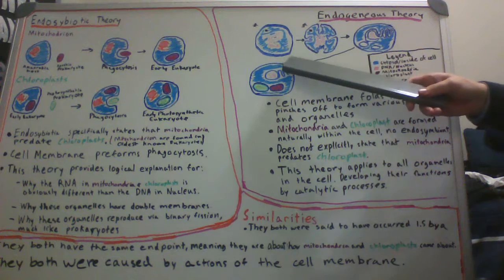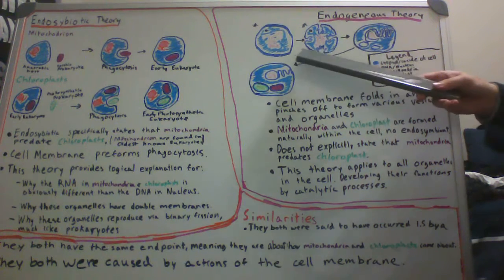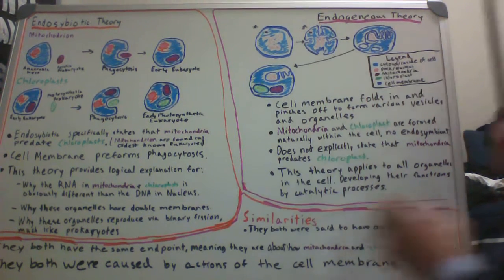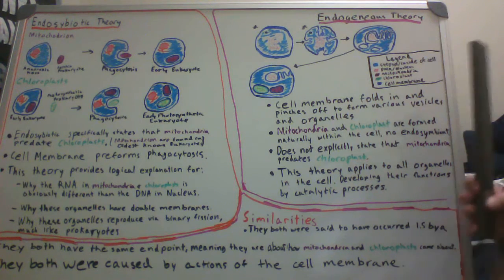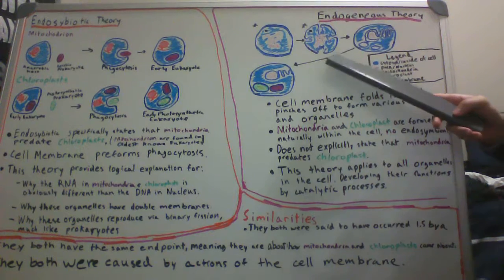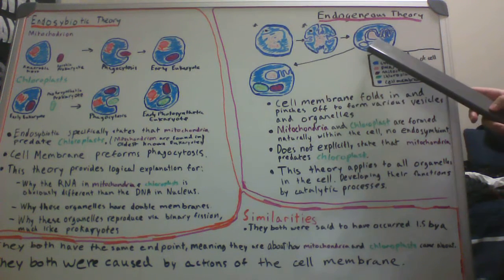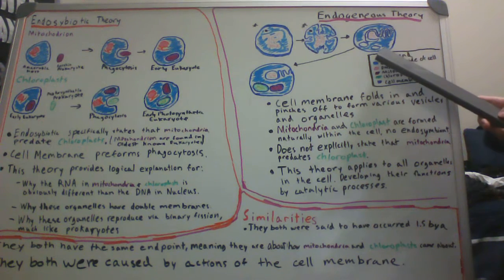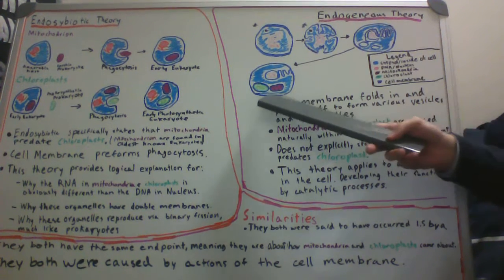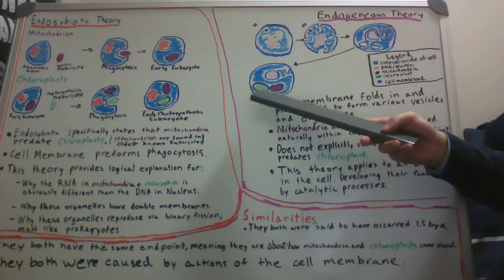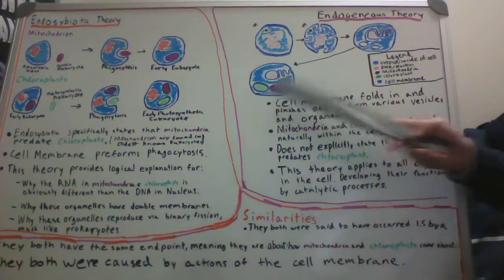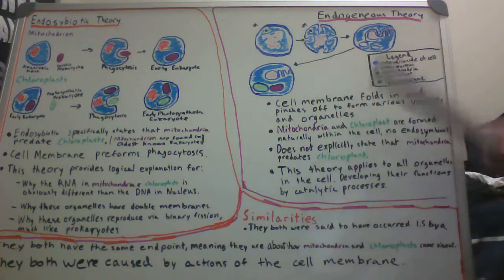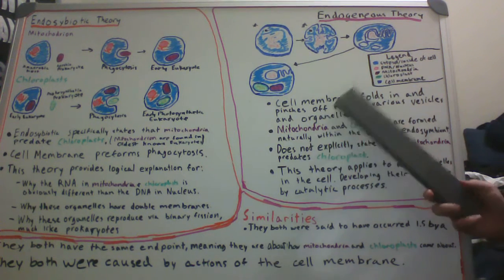We have a prokaryote with just some DNA, and then the cell membrane envelopes in and folds around the DNA and other aspects of the cell, and then becomes naturally a chloroplast and a mitochondrion and other vesicles and organelles.